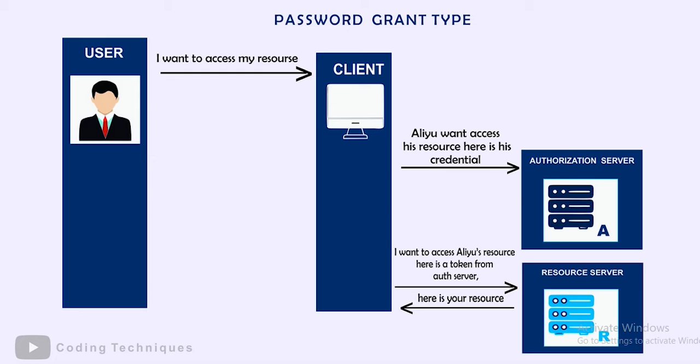First, the user says, I want to access my resource. Then the client will tell the authorization server that Ali wants to access his resource, and here is the credential. He will give the credential of the user to the authorization server. Once given, if it is valid, he will get the token as well.